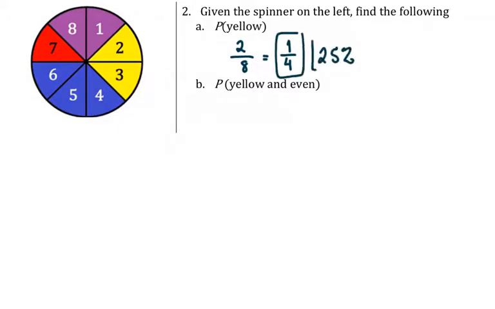But again, fractions or percents, I'm happy with either, unless I ask for a very, very specific one. Here, P of yellow and even. So in this case, we are just looking at 1, because if I look at the 2 yellows here, the only even one is this one. Even numbers meaning that they're divisible by 2. So that's 1/8. Can't be simplified, so we just leave it as 1/8, or if you wanted to write it as 12.5%, that would be fine.